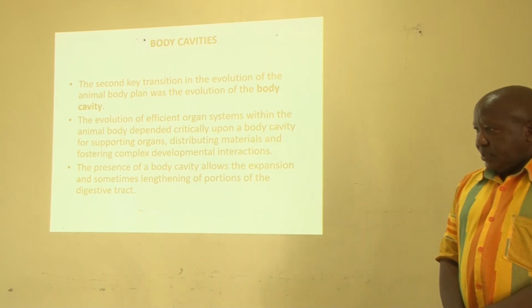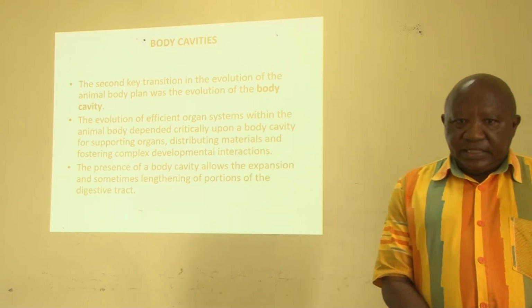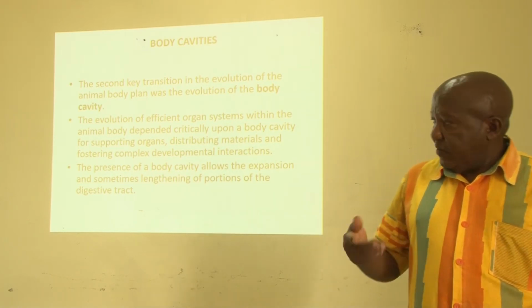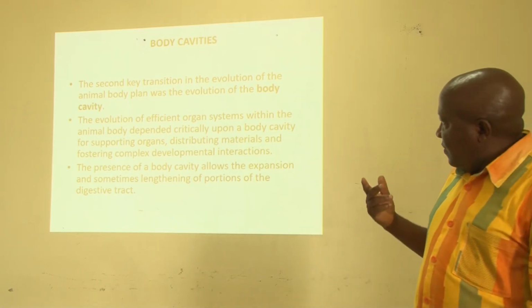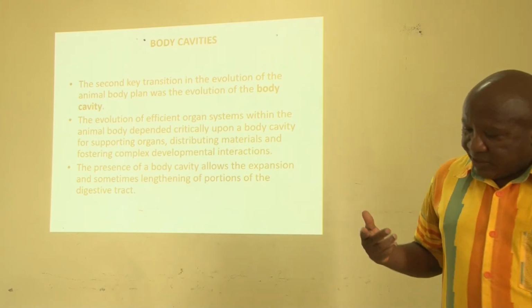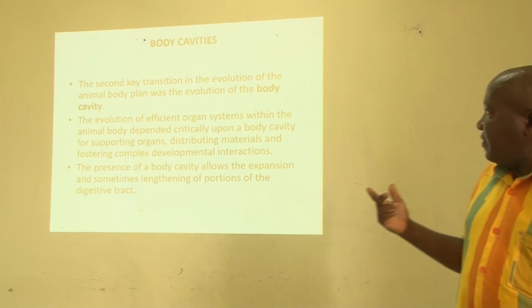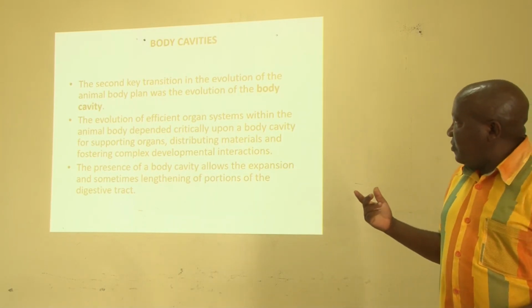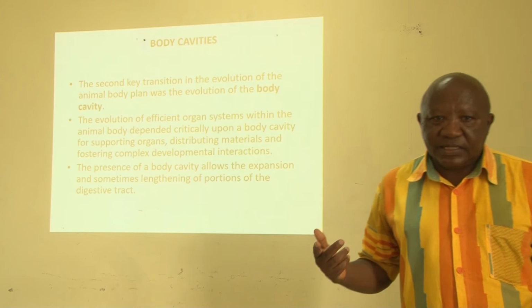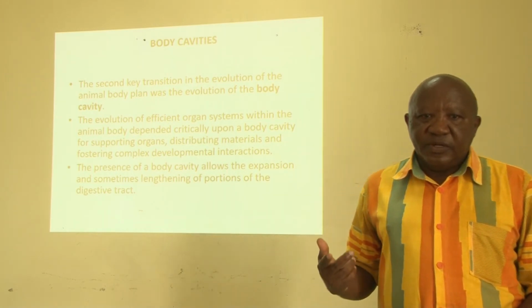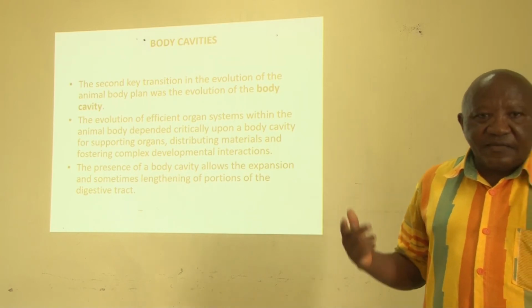Now let us see the second key transition in the evolution of animals. We have seen that the first important key transition in evolution was the formation of the body symmetry. And now the second key transition is the evolution of the body cavity.